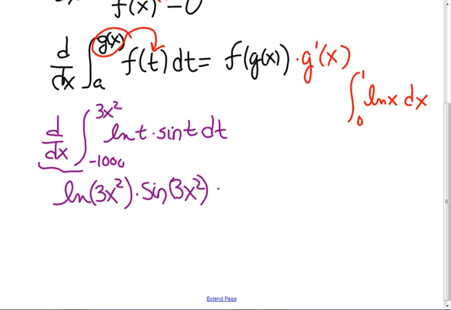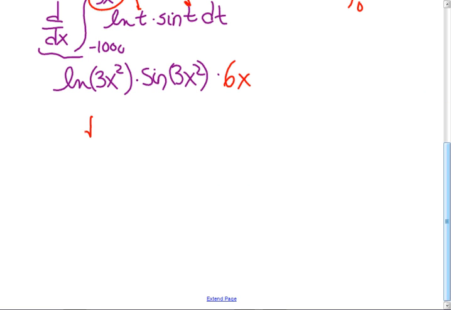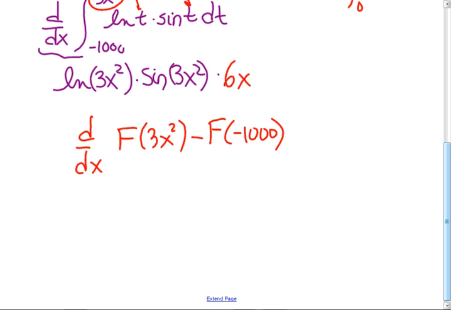Times the derivative of the upper limit, which I heard somebody say 6x. That's it. You substitute this in for whatever the t is here, and it's times the derivative of that one. Because if you were to integrate that, you would have d dx of capital F of 3x squared minus capital F of negative 1,000, whatever that is.